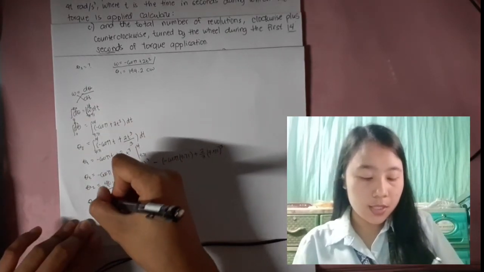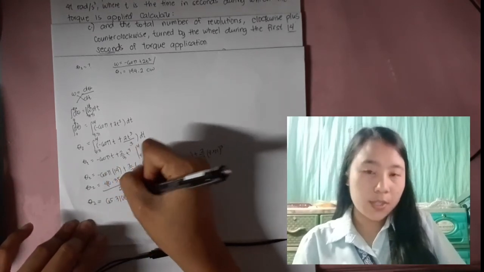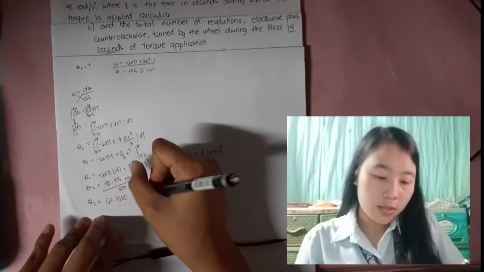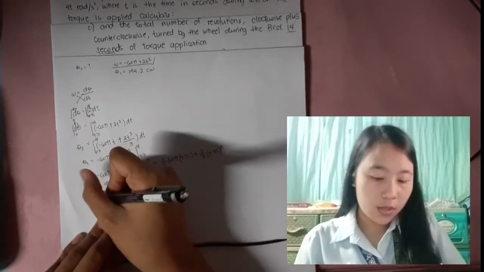Theta 2 is equal now to 65.3 revolutions counterclockwise.